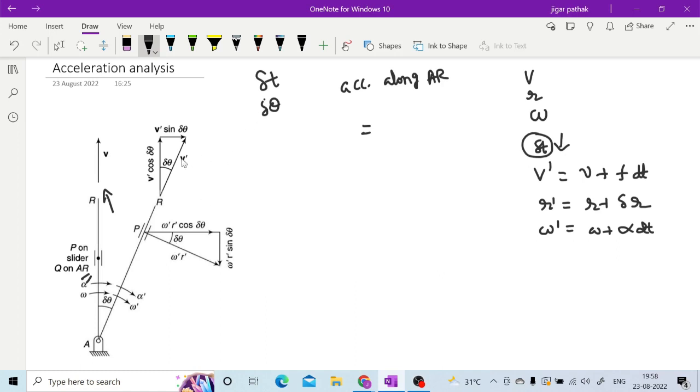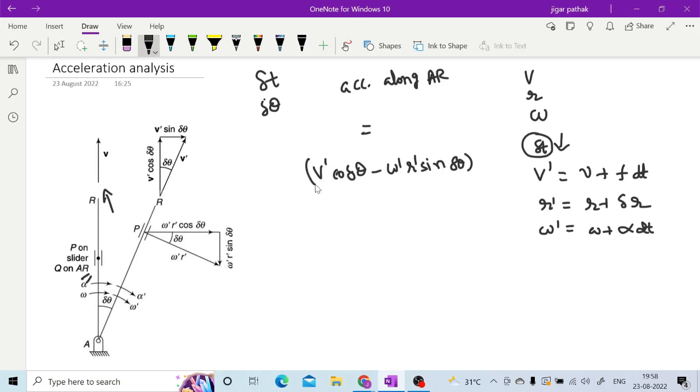Now if you check along this AR, the velocity after delta t is v dash cos delta theta minus omega dash r dash sine delta theta.